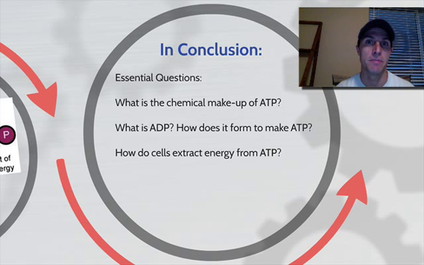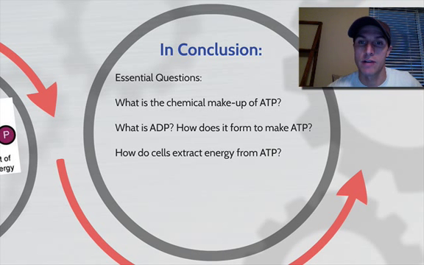ADP is adenosine diphosphate. That's the uncharged battery. And how does it form to make ATP? By adding that third phosphate, you're adding the energy that the cell is going to use. By attaching this phosphate, you're storing energy in that bond. And when that phosphate's broken off, it releases that energy.